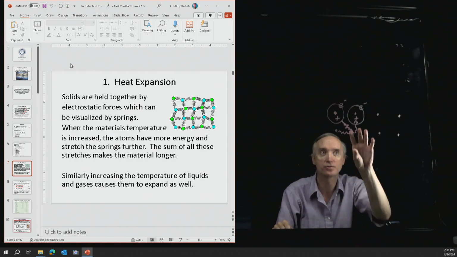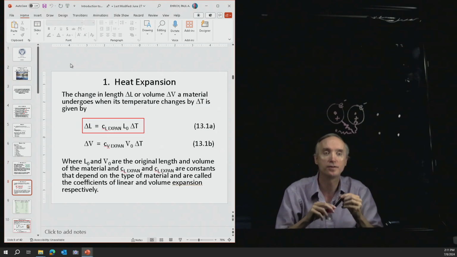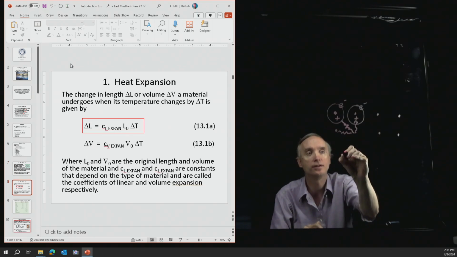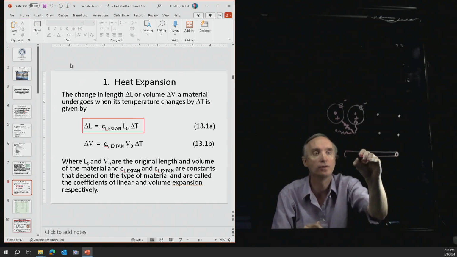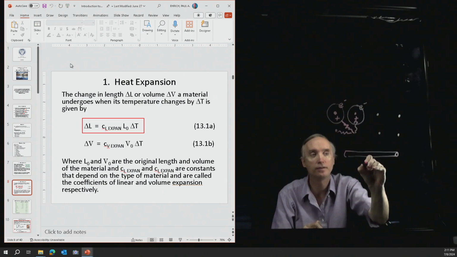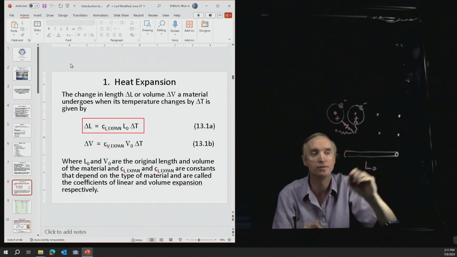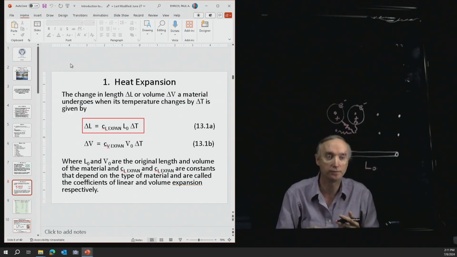So how could we describe this mathematically? Imagine that you have a rod that is much longer than it is thick. The length of this rod is going to be L sub 0. Then we're going to apply heat to it, and we do that by changing the temperature.